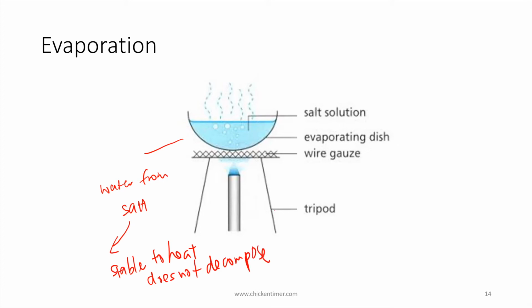What you do is you heat it here, and then the water will evaporate. At the end of the process, you will have all the salt powder at the bottom. Then you take a spatula and scrape out all the salt, and you can collect it like that. That is evaporation.